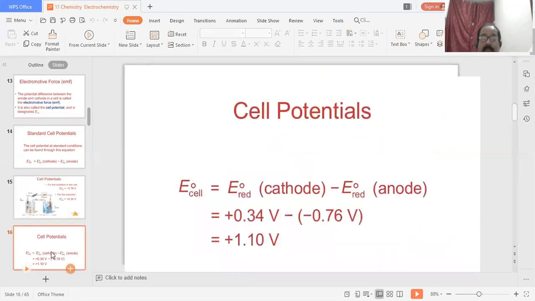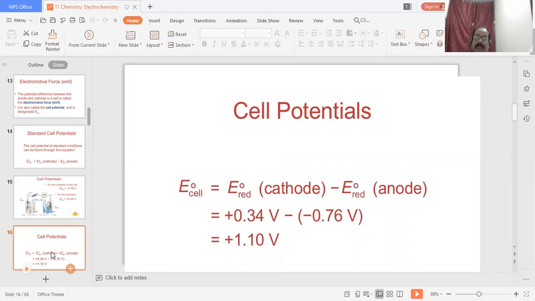The cell potential: E naught cell equals E naught red cathode minus E naught red anode. So at the cathode the value is plus 0.34 volt, minus E naught red of the anode, meaning the oxidation. At the anode there is oxidation every time in a cell, and at the cathode, reduction.